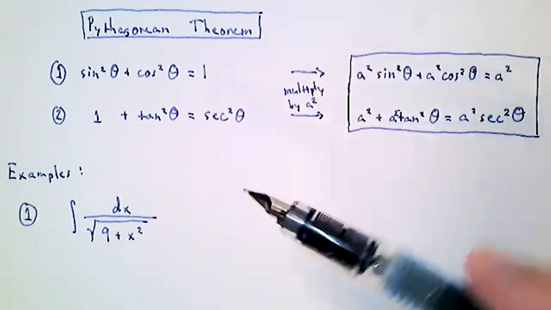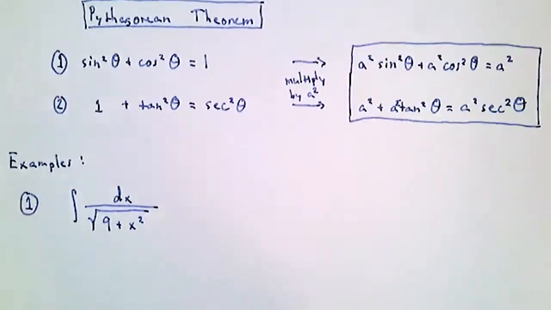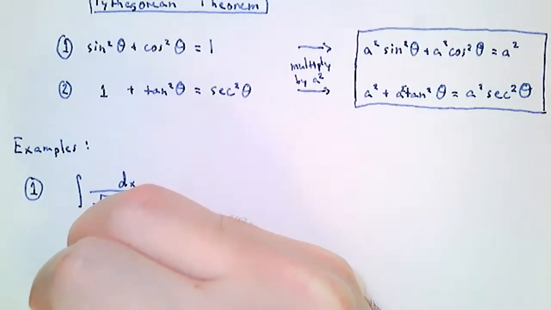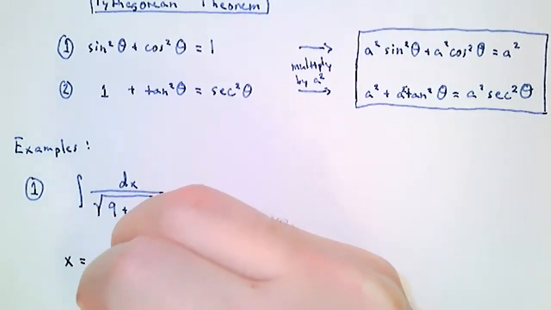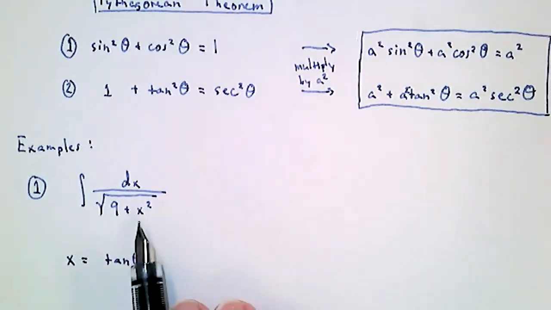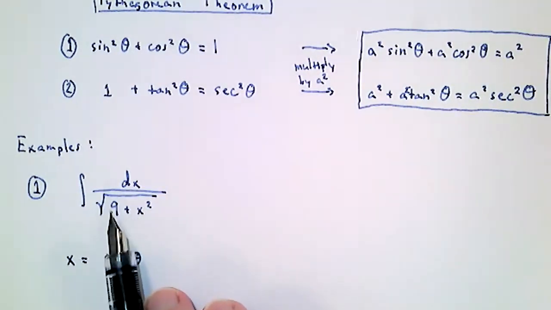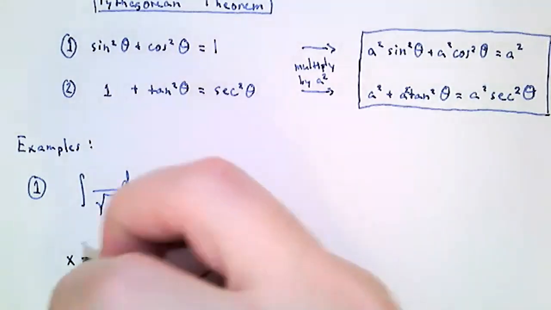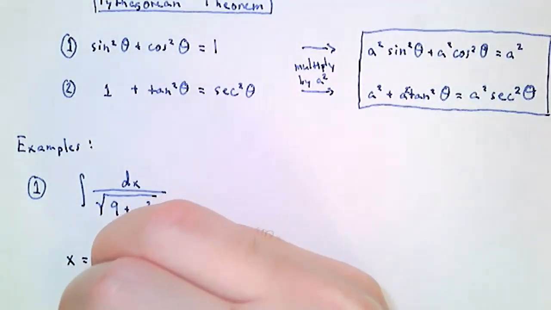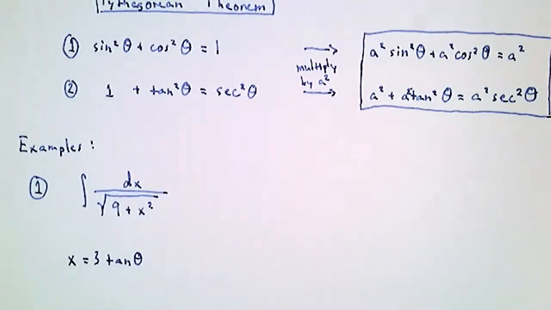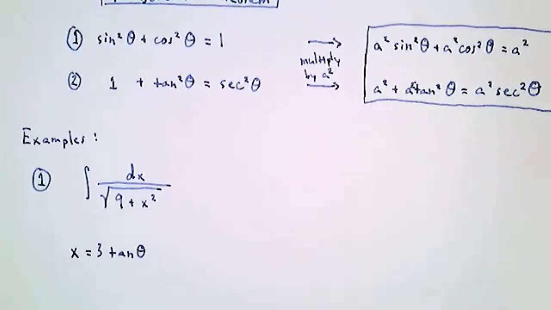So what I'm going to do is substitute in x equals tangent theta, but I'm going to add on an extra constant so that it matches this one. I'm going to add 3, so that when I square it, I'll get a 9 tangent squared of theta.